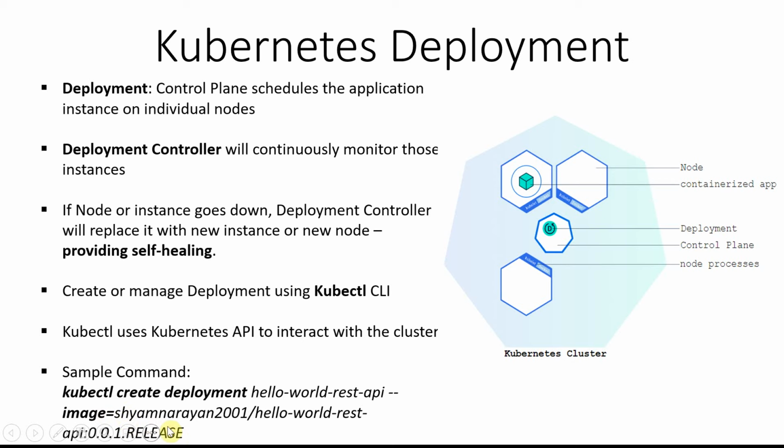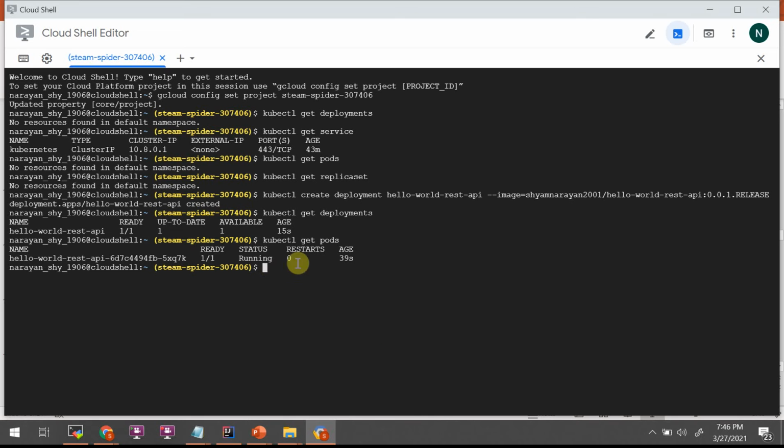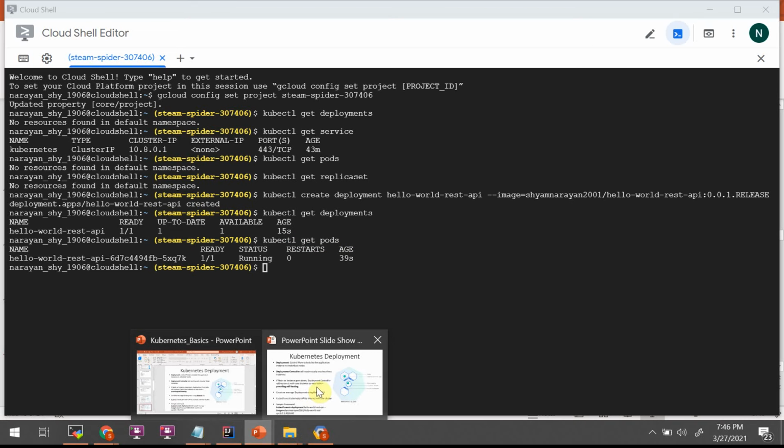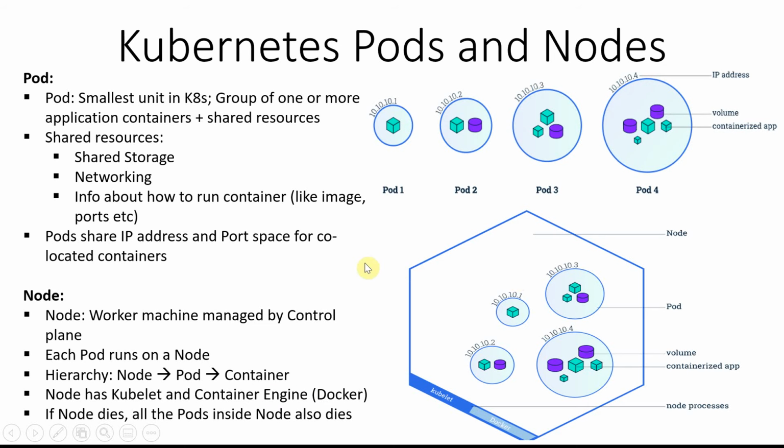So the master understands that it needs to download this image, and it will tell the node to create a pod with this Docker image. That's how it created this pod. Okay, now let's understand what a pod is in a better way.